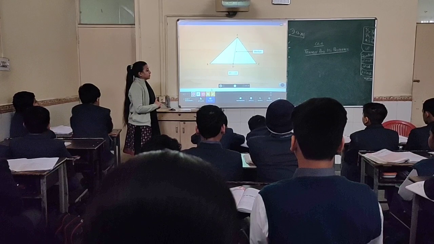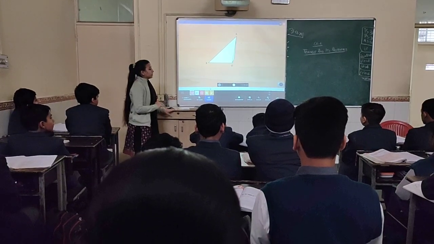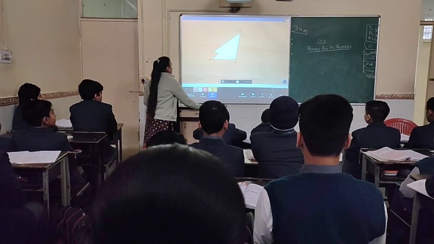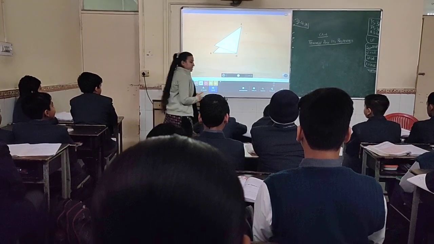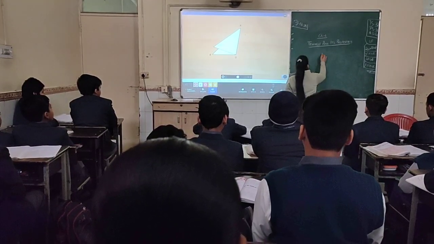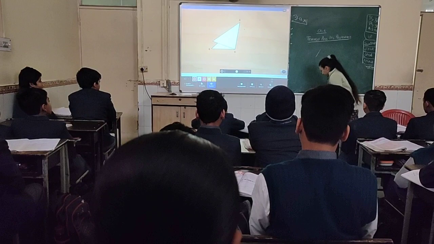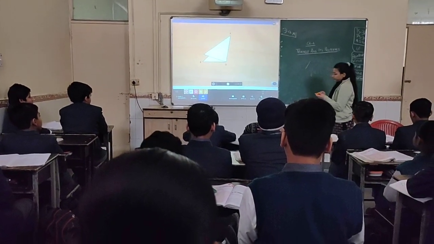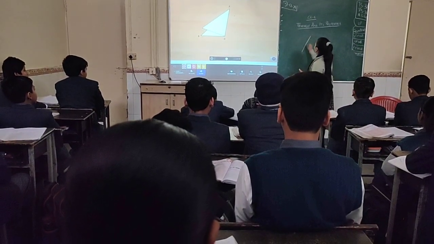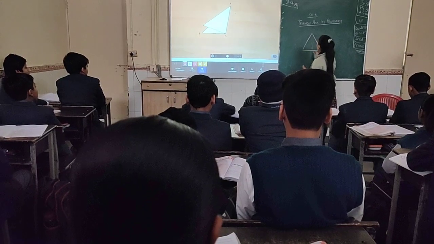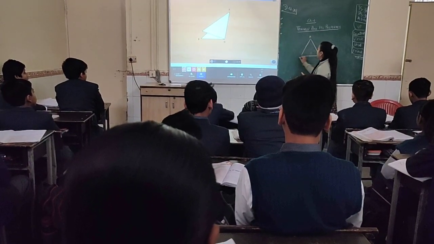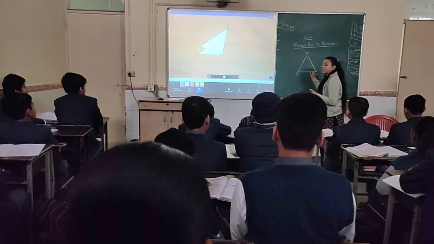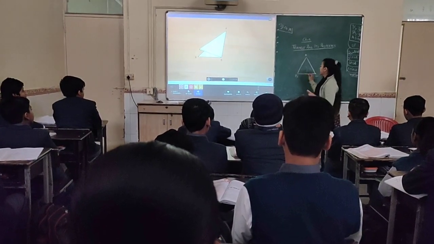Notice how the median divides the triangle into two parts. Midpoint means if this is 10 centimeters, this is 5, this is 5.